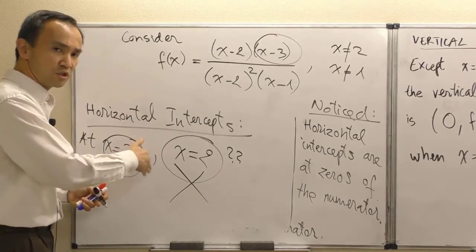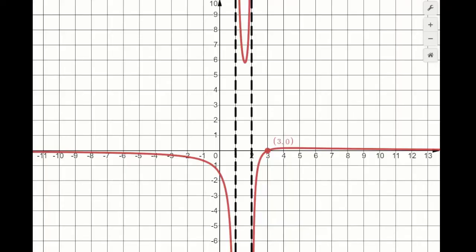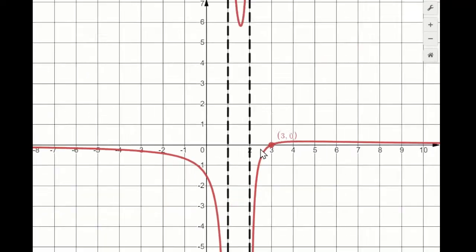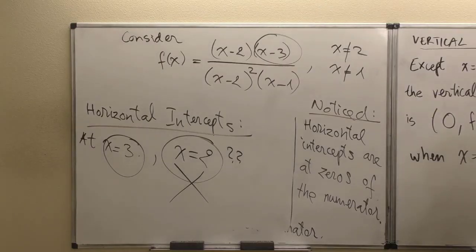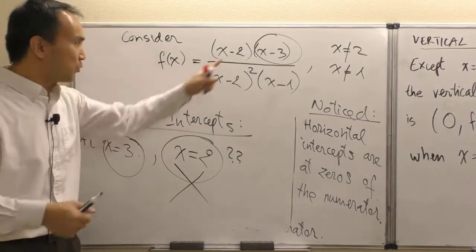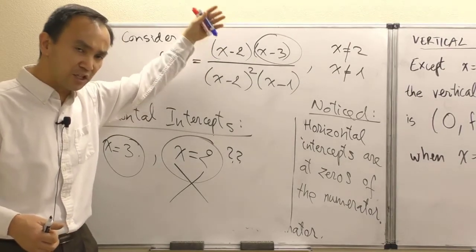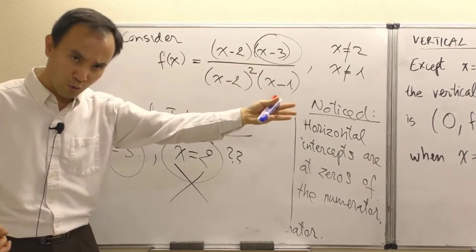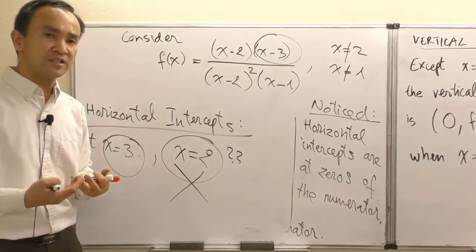Let's one more time look at the graph right there. With the graph, indeed we have a vertical asymptote at x equals 2. In the earlier problem, we saw that when one of the zeros in the numerator happened to be a hole in the graph, we couldn't take those as a horizontal intercept.